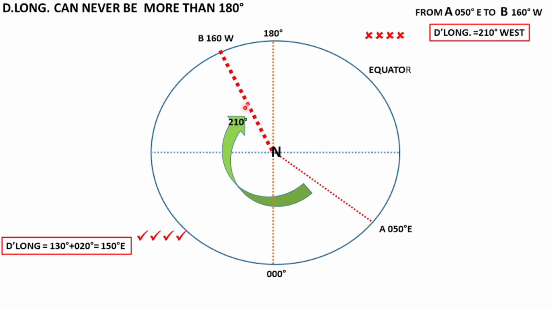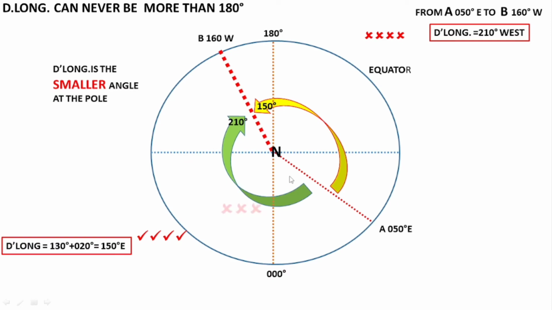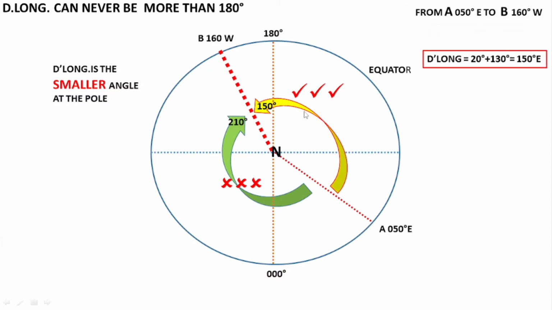But if you went easterly, you'll be doing 150. Smaller angle. Smaller angle is 150. So this would be wrong, and 150 would be correct. Okay. So 130 up to 180, and then 20 degrees more, 150 would be the right choice to make.